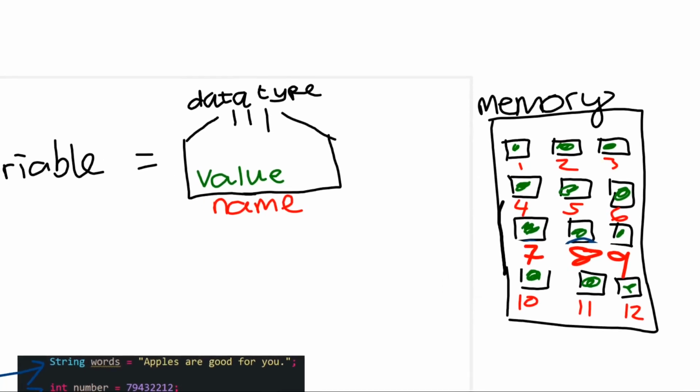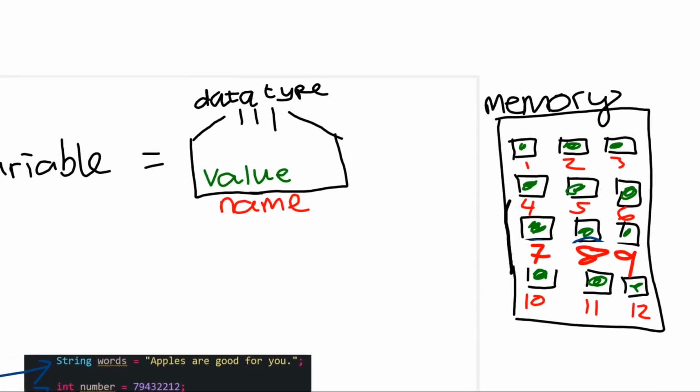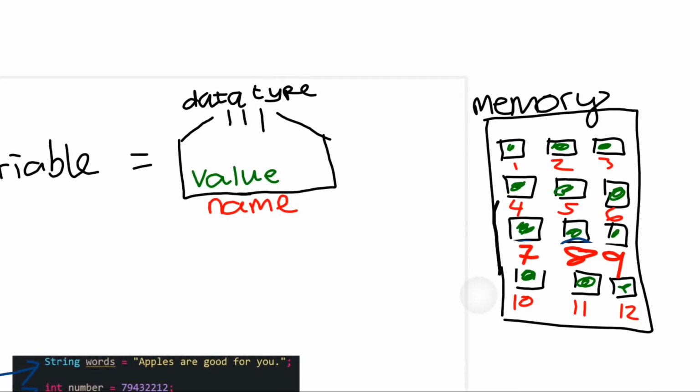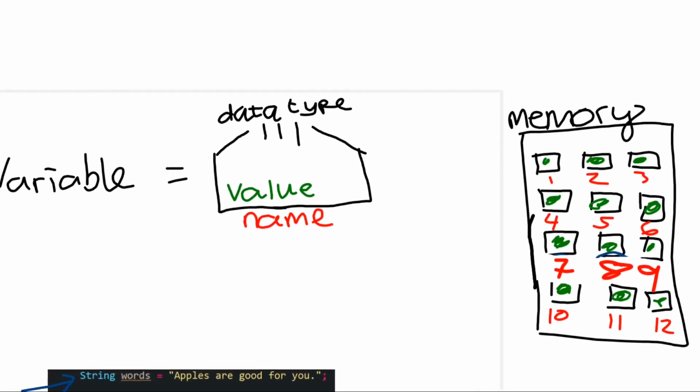So for example, if we had an integer that's being declared, 32 bits of memory would be assigned to that variable. And if we had something like a long, then 64 bits, I think, would be assigned.